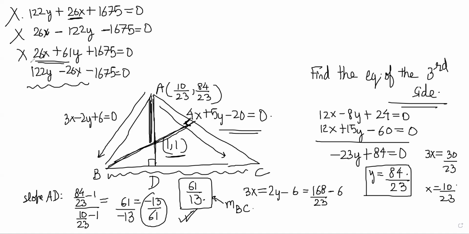Okay. And here I get a 61 by 26, right? That is just incorrect. And here I'm getting 122y minus 26x. So this is becoming 26 by 122.